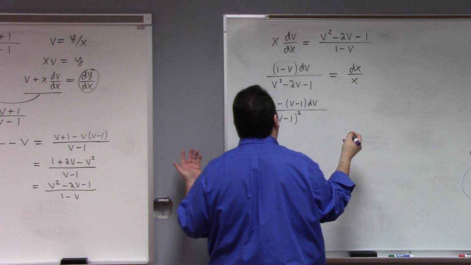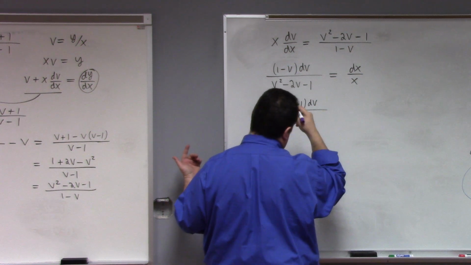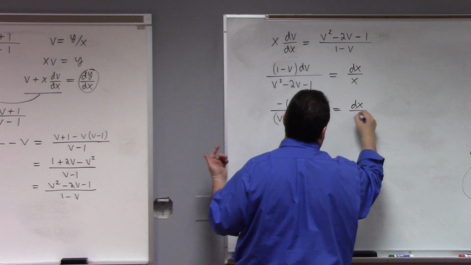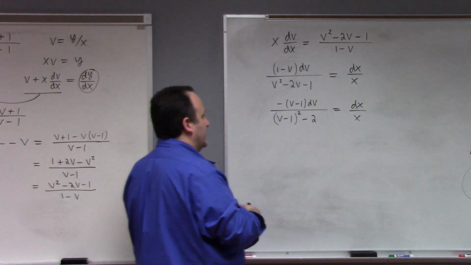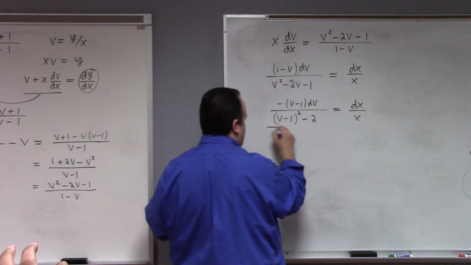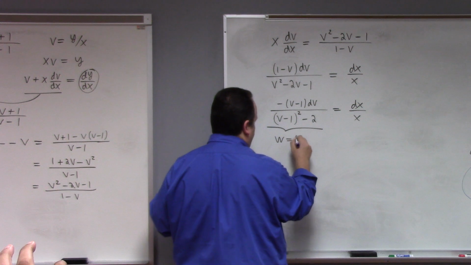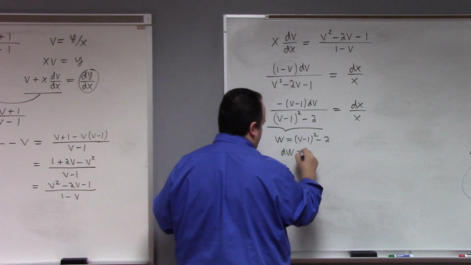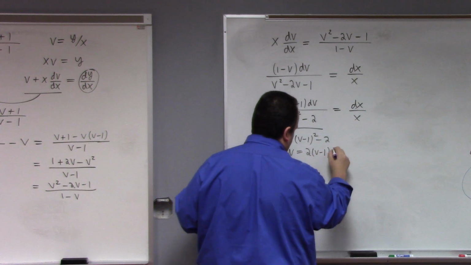What? Minus 2. Thank you. So anyway, you didn't really need to do the completing the square, but completing the square makes it obvious that you should make a w equals denominator substitution, right? Because then dw would be 2 times (v minus 1) dv.